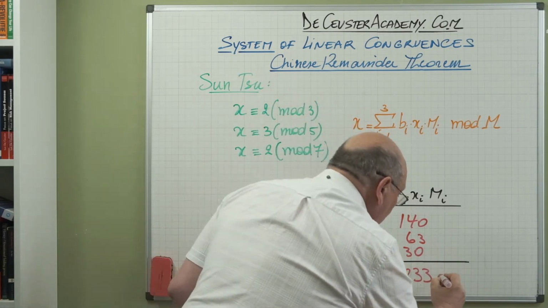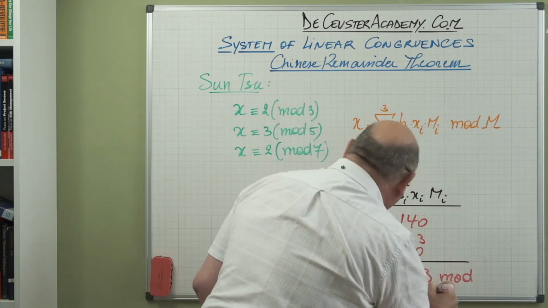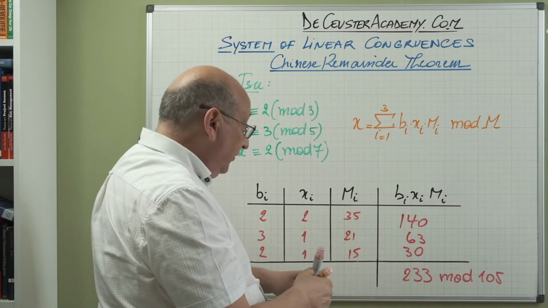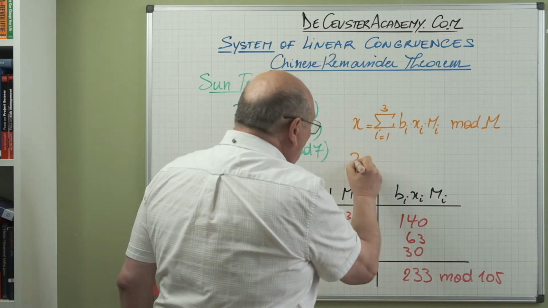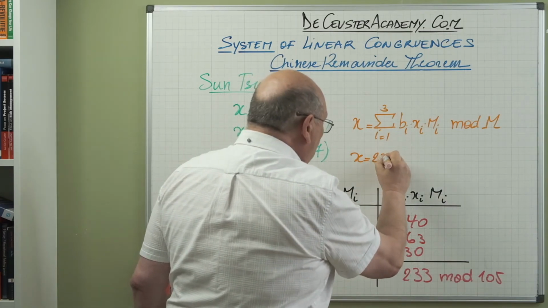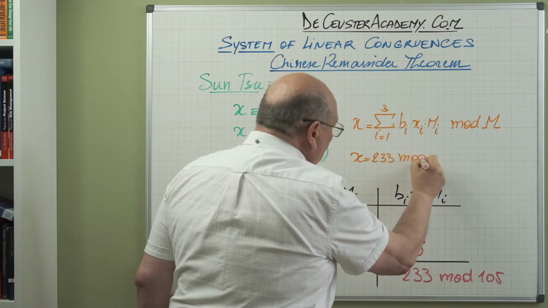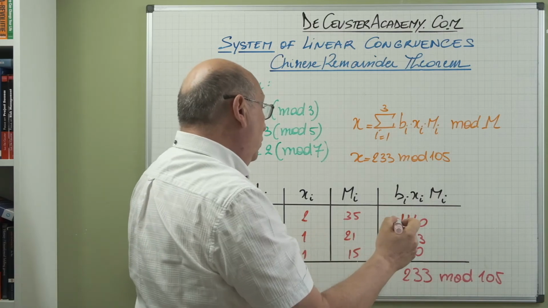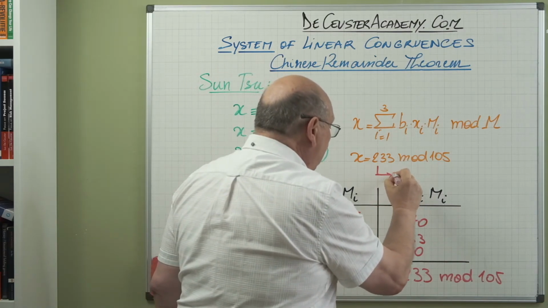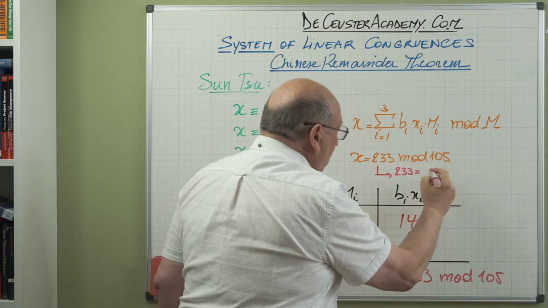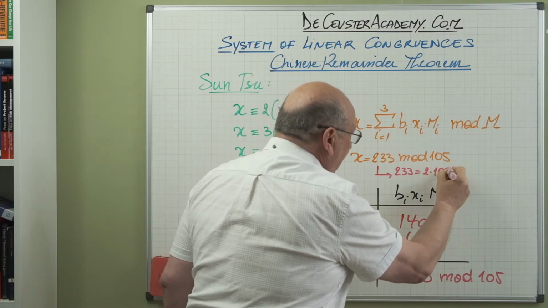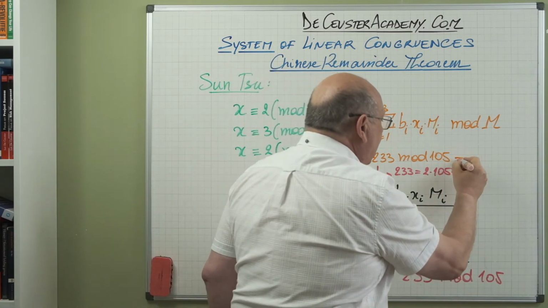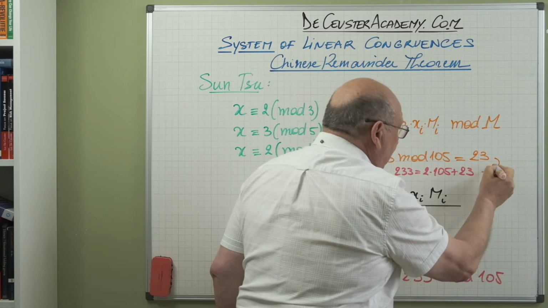And of course, we have to add here modulus m, modulus 105. Now, we can write it here, so x is equal to 233 modulus 105, and we know that 233 is 2 times 105 plus 23, which means that x in this case is 23.